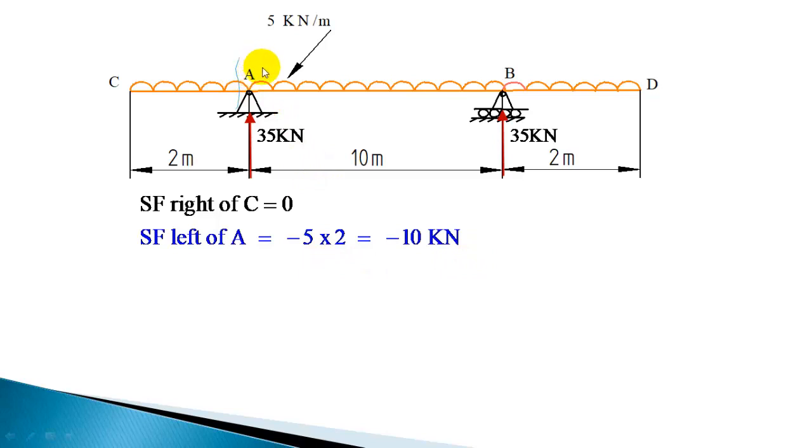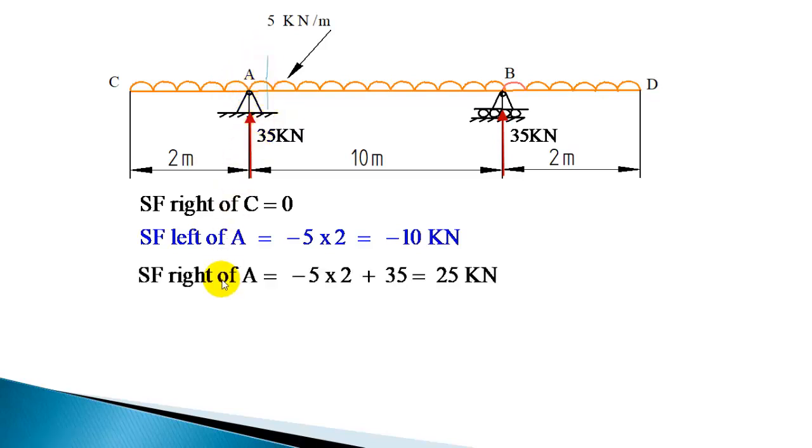Now next you have to consider a section here. Already we got the shear force for the previous section as minus 10, and when you move to immediately right of A, the additional load coming is this reaction 35. So you can get the shear force immediately right of A as minus 10 plus 35, which will give 25 kilonewton.